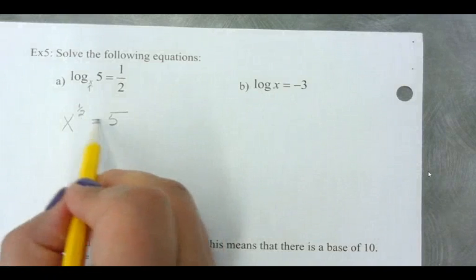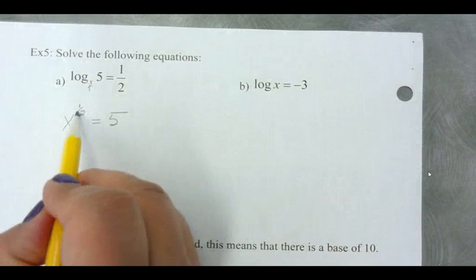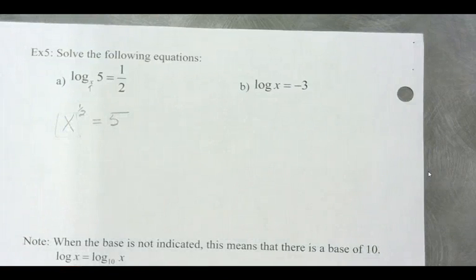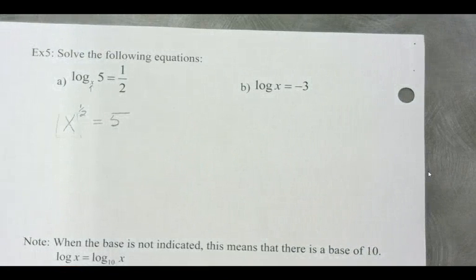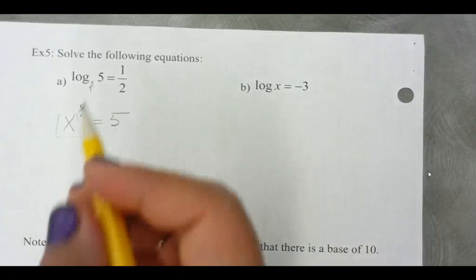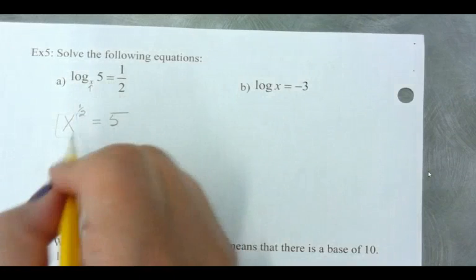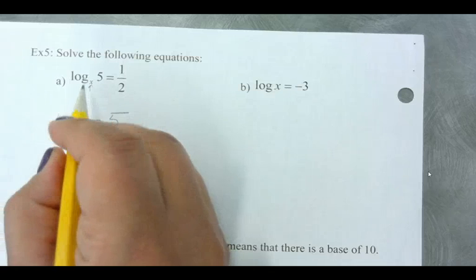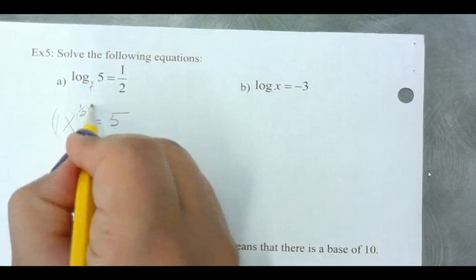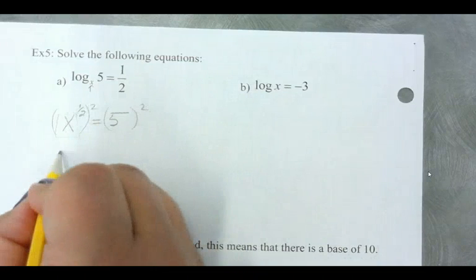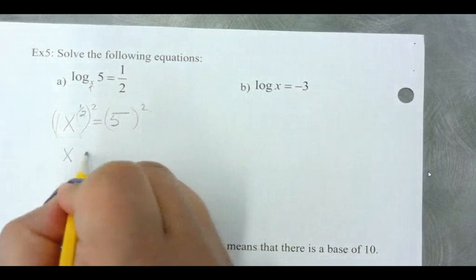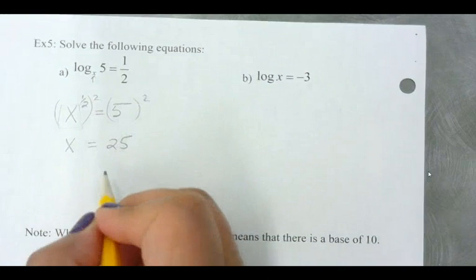What value is going to allow us to get 5 from here? What can we do to both sides of the equation to help us figure this out? If I square both sides, then I end up with x is equal to 25.